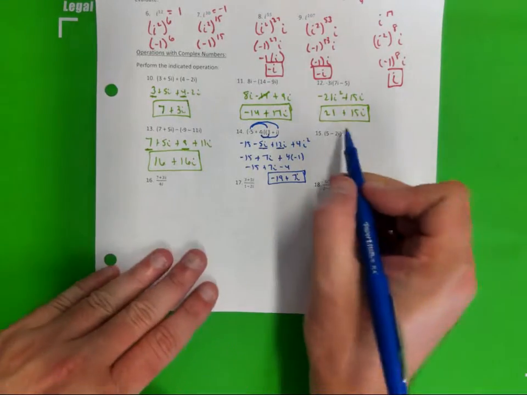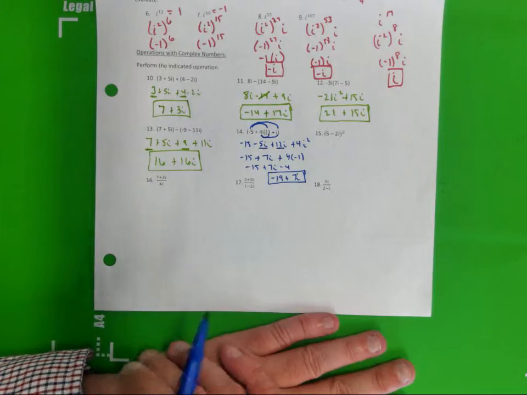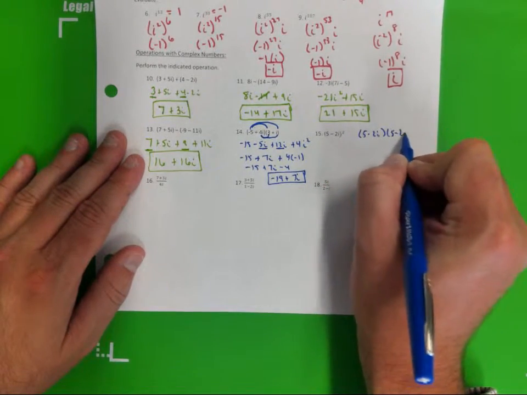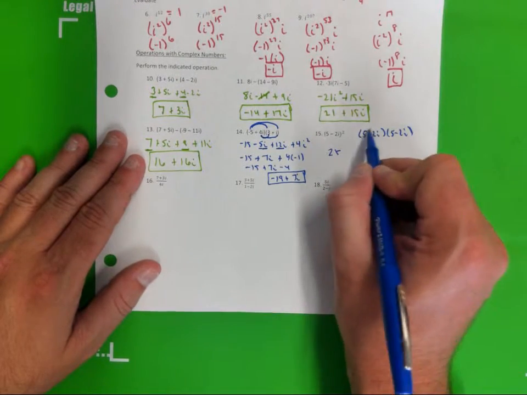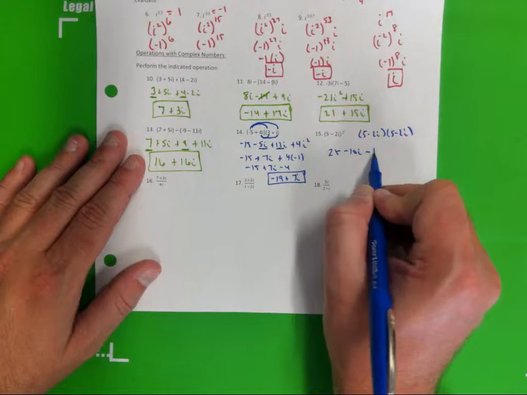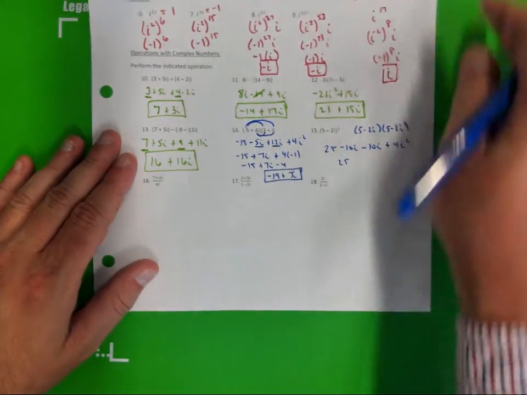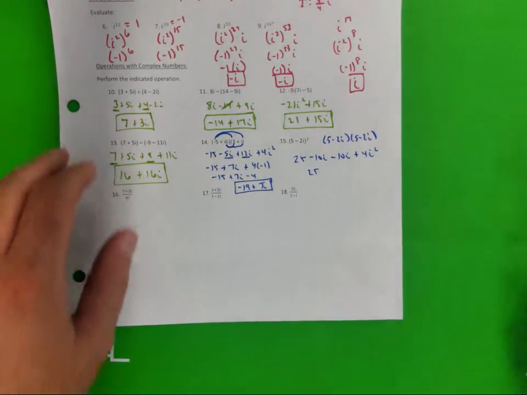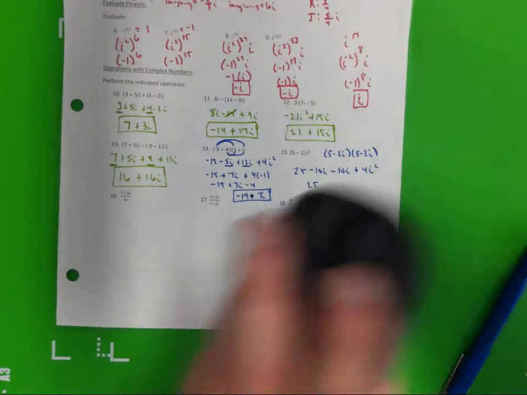Now number 15, can you just simply square the 5 and the negative 2i? No. You've got to work that out as 5 minus 2i, 5 minus 2i. Then 5 times 5 is 25, minus 10i, minus 10i, plus 4i squared.